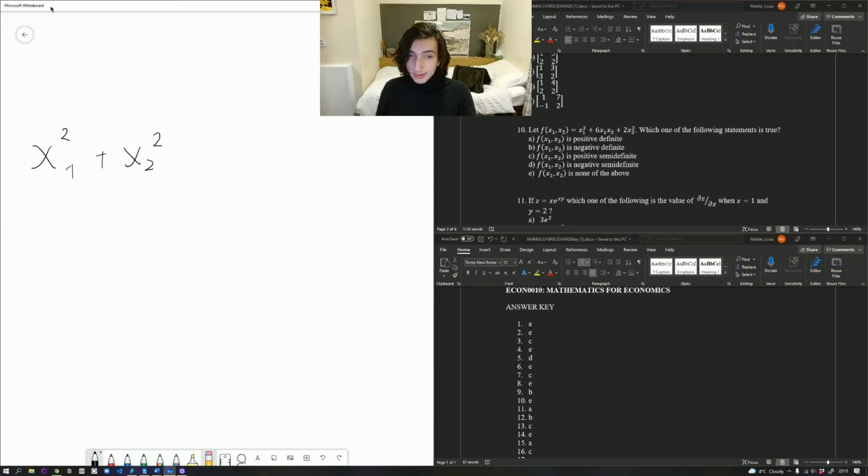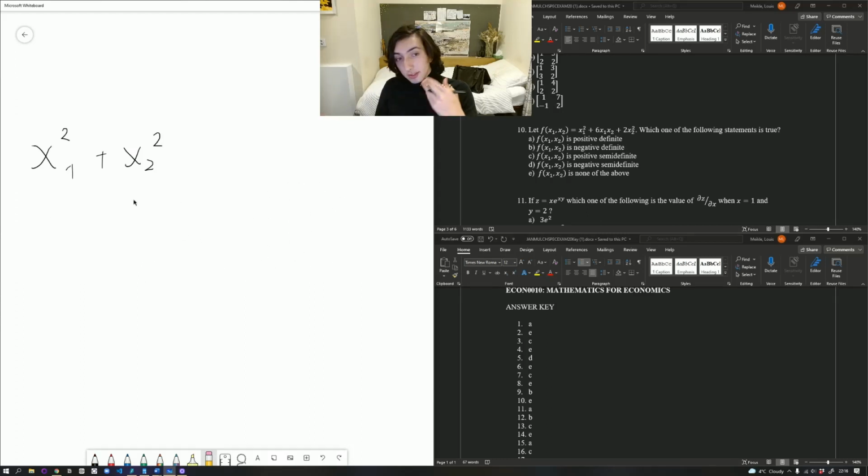So these are definitely positive. However, we've also got the plus 6x1 x2. So hypothetically, you could have something below that. And as a matter of fact, if you find the determinant of this, which is 6 squared minus 4 times 1 times 2, you can see that that is 28. I think it's 28, which is above 0, which would state that it would have roots and would go into negative territory.